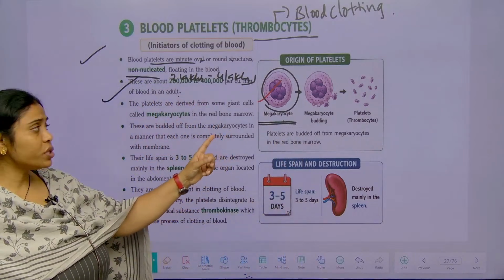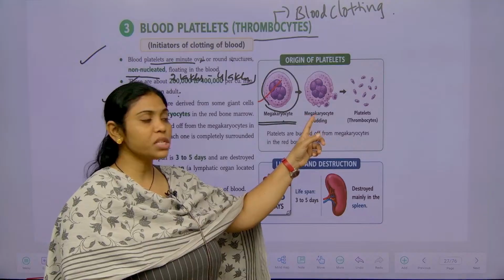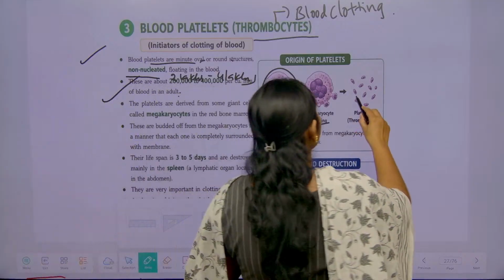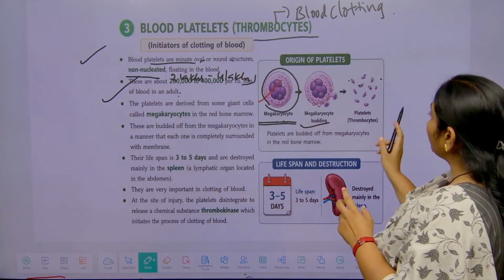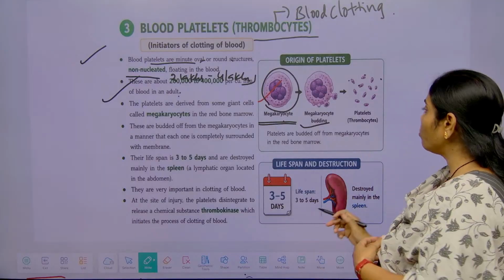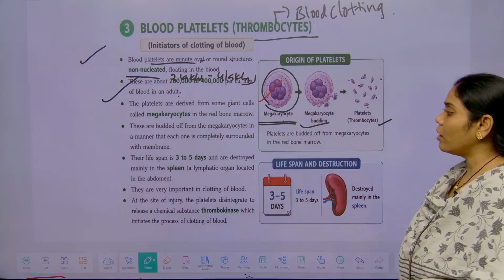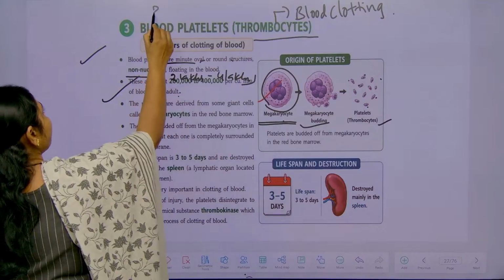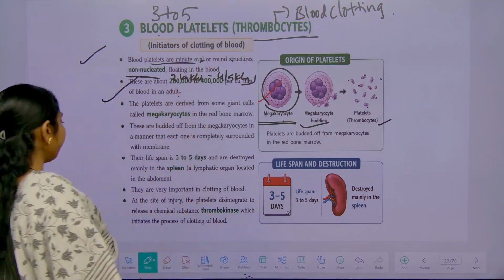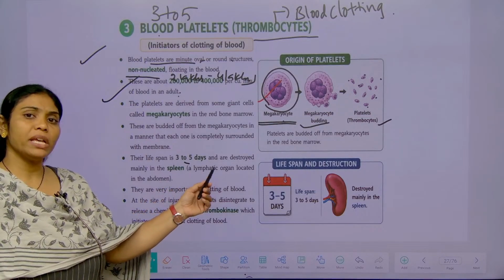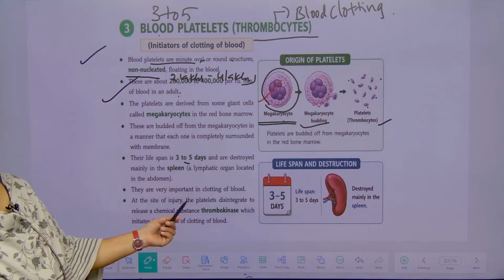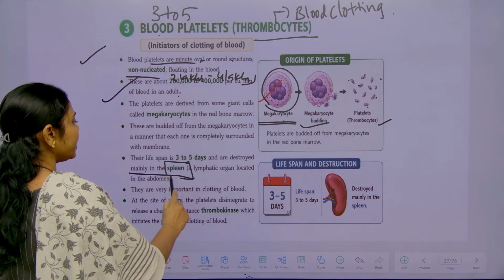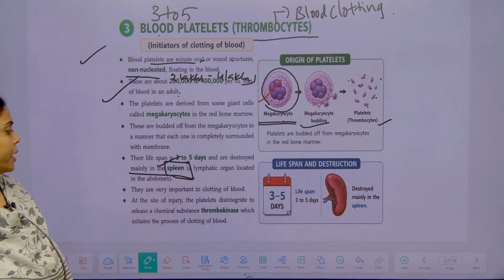This megakaryocyte undergoes fragmentation or budding. It splits into small pieces, and each piece is surrounded by cytoplasm and becomes a platelet or thrombocyte. The lifespan of a blood platelet is only 3 to 5 days, and after that they are destroyed.